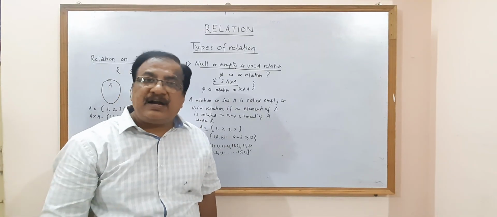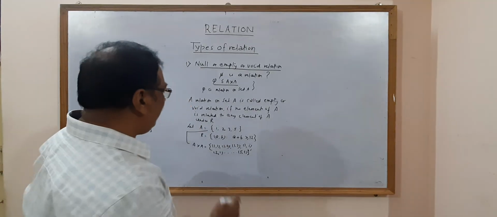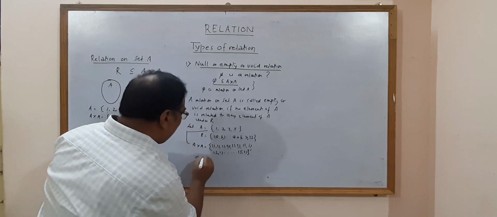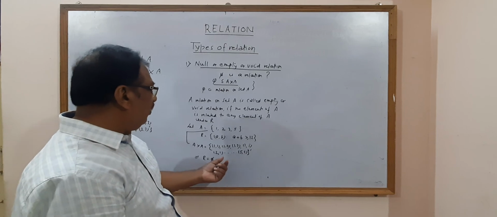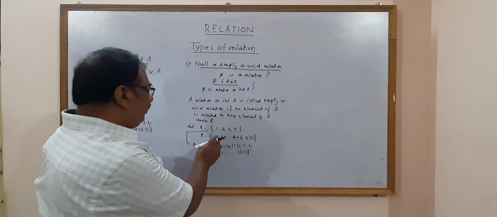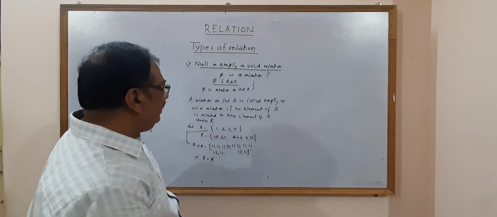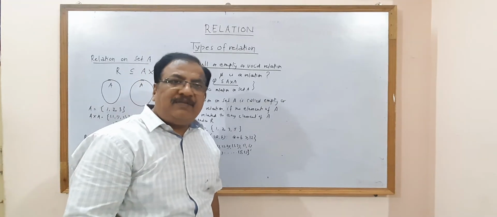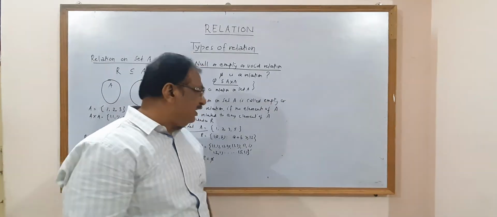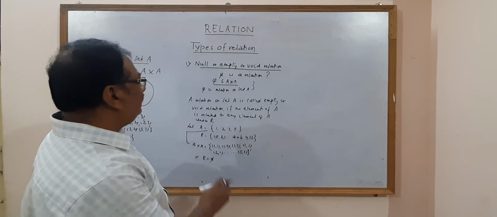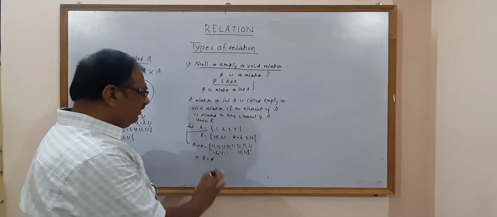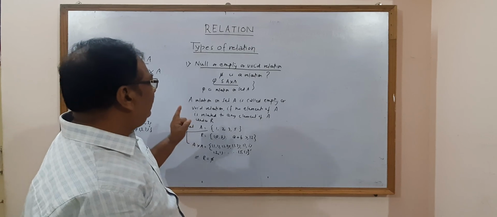That means R is equal to phi. If you pick any ordered pair of A cross A, no ordered pair is satisfying that the sum of first and second elements is greater than or equal to 10. So this is regarding the null relation.